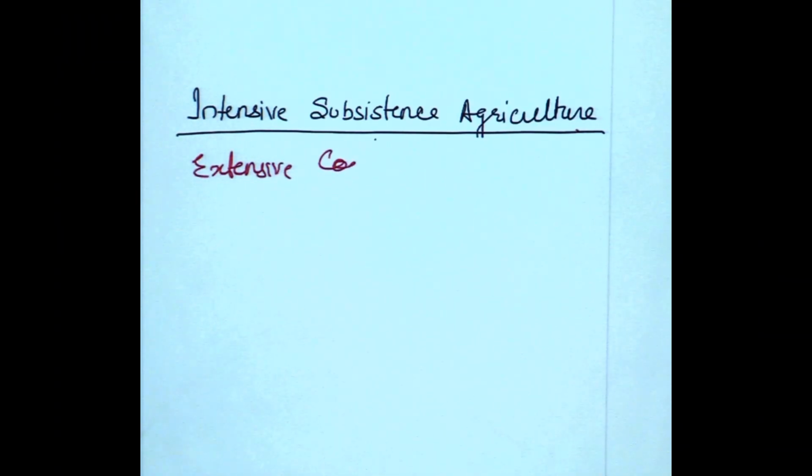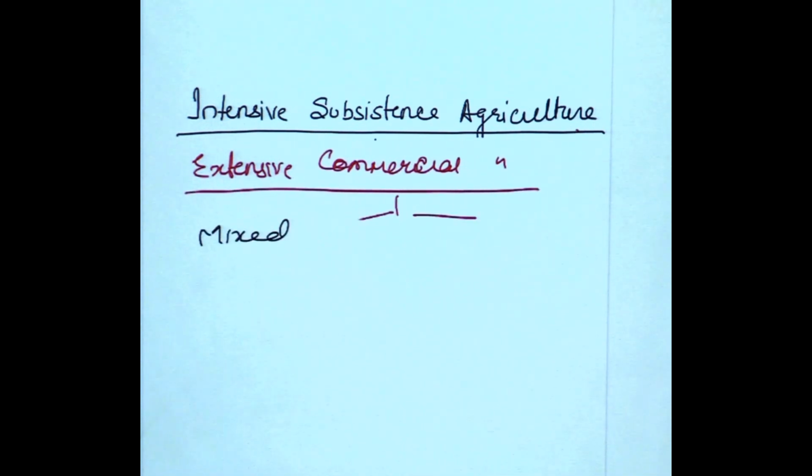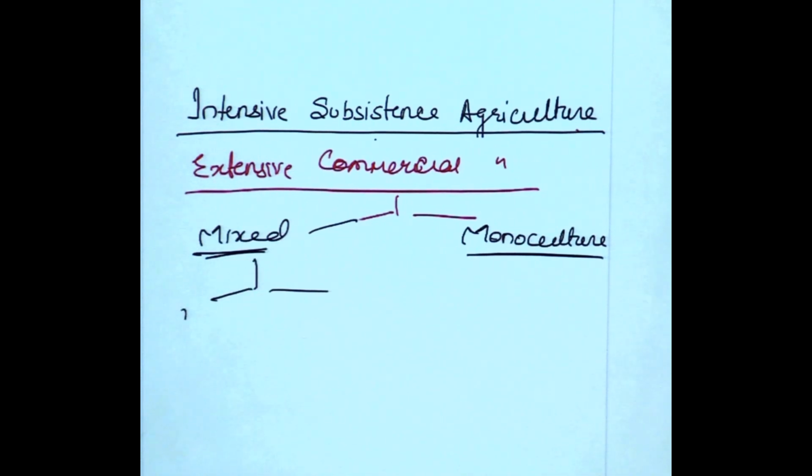At this point, we can also have one comparison that can be made. Extensive, commercial agriculture can have mixed characteristics and can relate to monoculture. What is mixed? It can be two. Mixed cropping, the way we learned it with intensive, and mixed farming, that we'll be learning next.